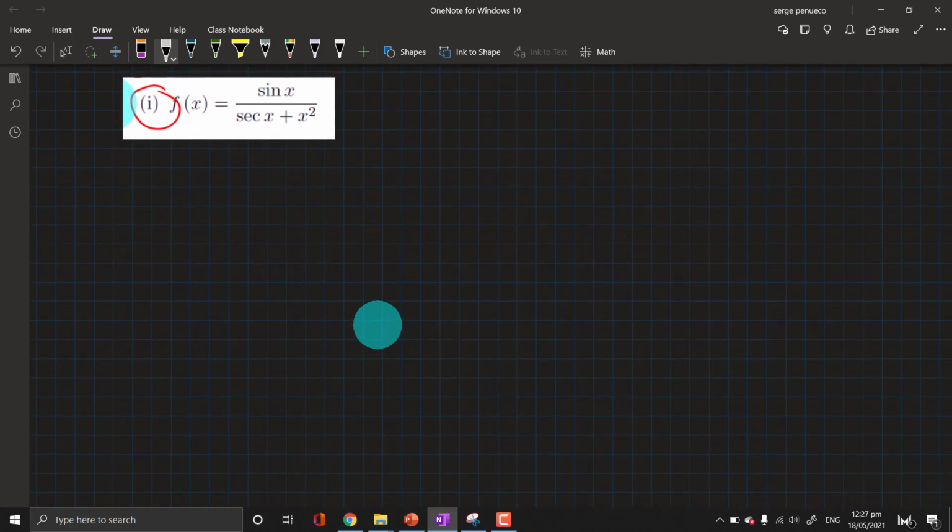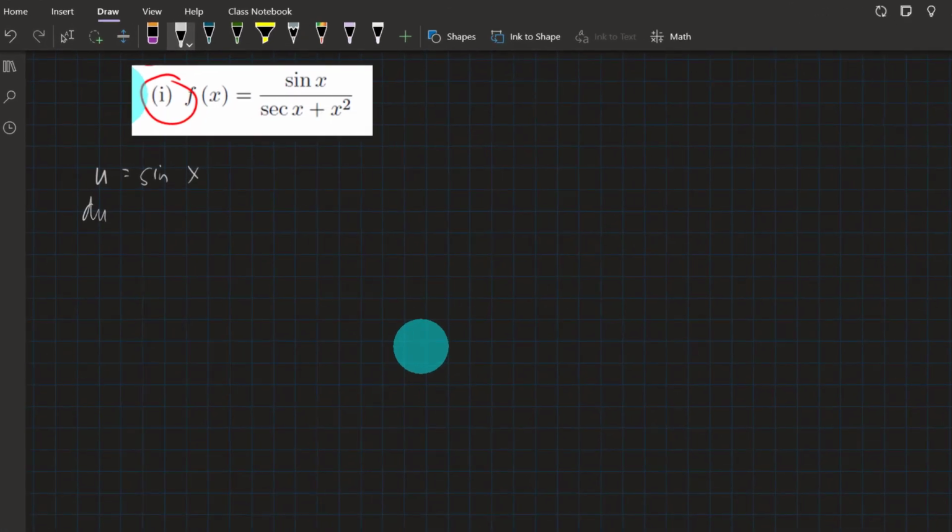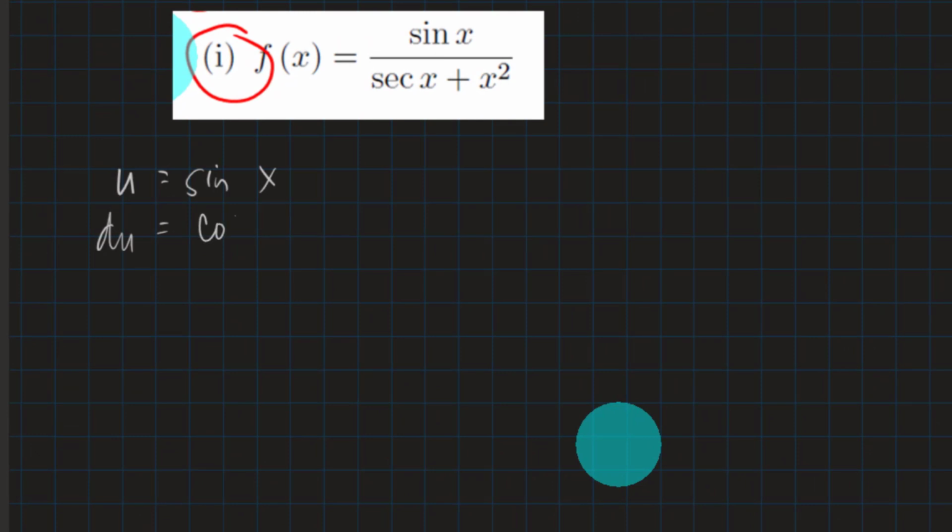So, this is a quotient. So, f of x equals sine x over secant x plus x squared. So, this is a quotient na may sum sa denominator. So, our u is sine x. Our du is cosine x.